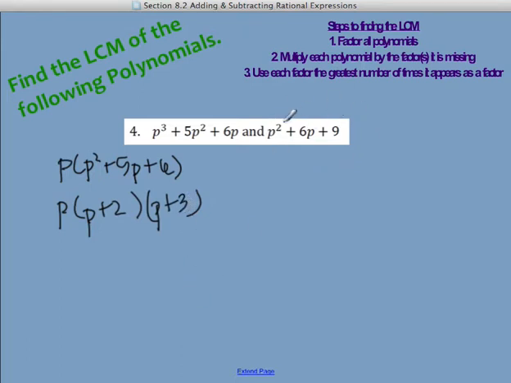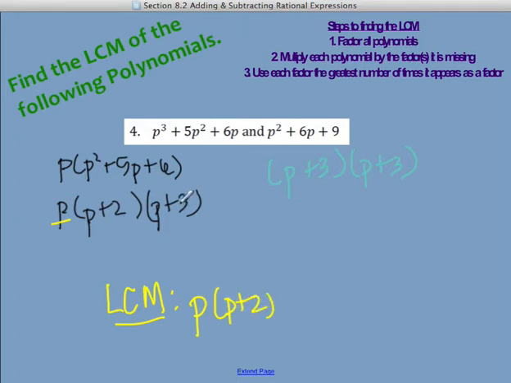Now I look at my other polynomial, and in this case, I would factor it. What multiplies to 9 but adds to 6? Well, 3 times 3 is 9, but it also adds to 6. So now I write down my least common multiple. There's 1 p here, there's no p's here, so I write down the biggest number, which is 1. I have p plus 2 and no p plus 2, so I write down 1 p plus 2.